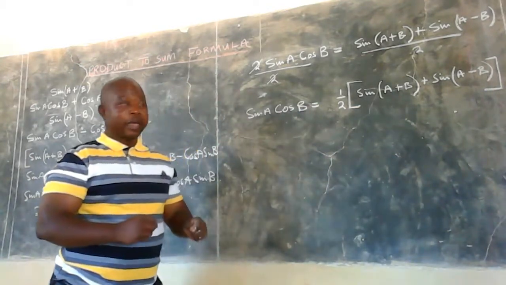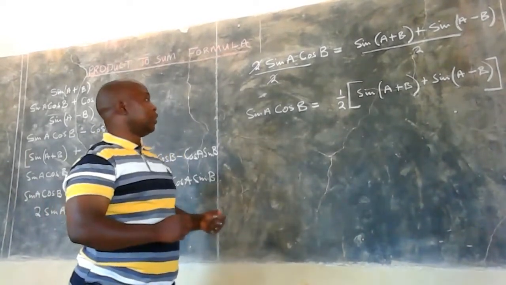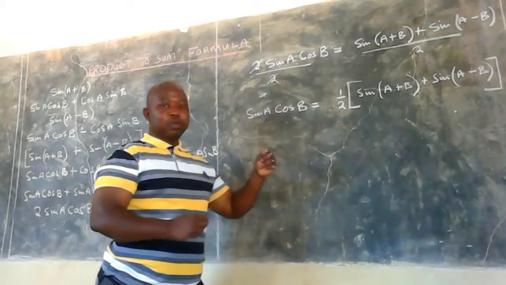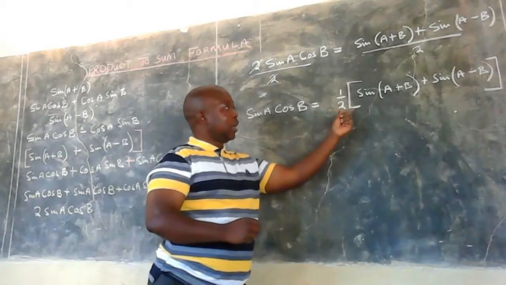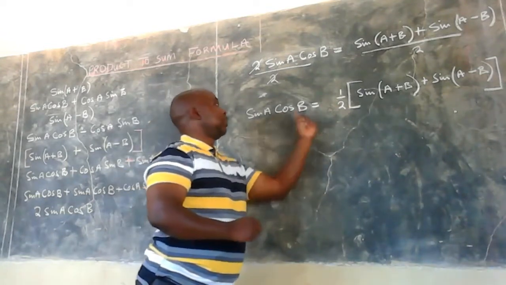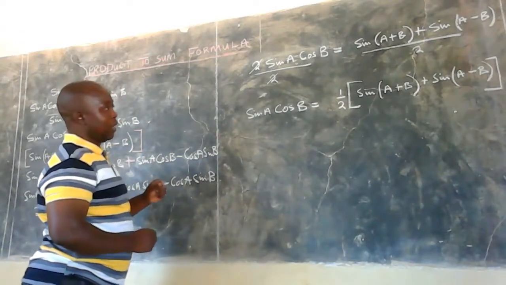Under my series, I have a video on integrating even powers of sine and cosine, and in that video, you can go back under my link and find that video and see how we use this product to sum formula.